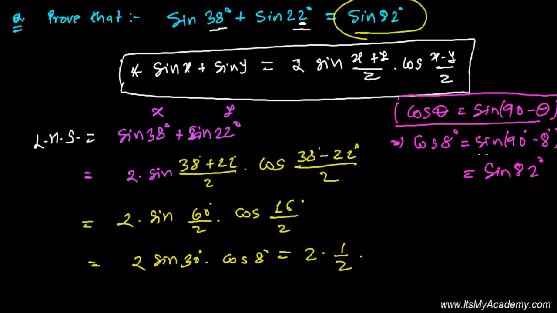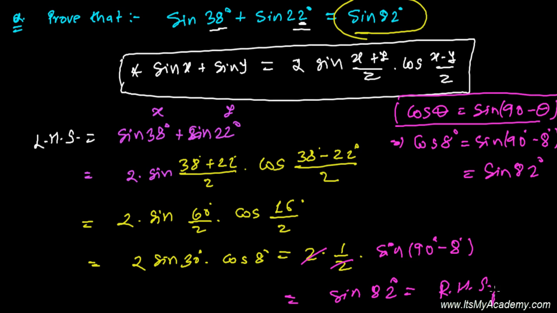Am I right? Yes. So instead of writing cosine of 8, I'm going to write directly sine of 90 degrees minus 8 degrees. This 2 and 1 by 2 will cancel, and 90 minus 8 is sine 82 degrees, which is our right hand side, and it's proved.